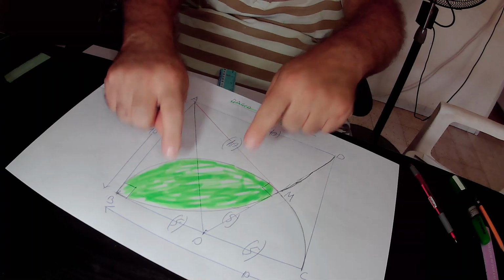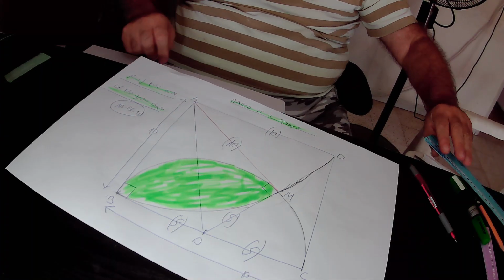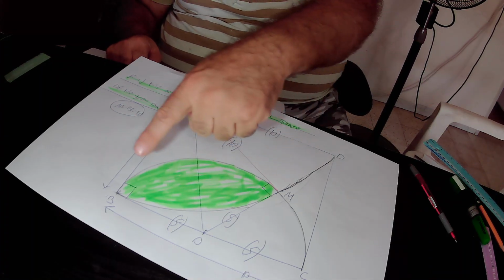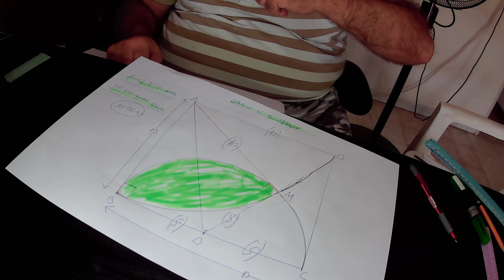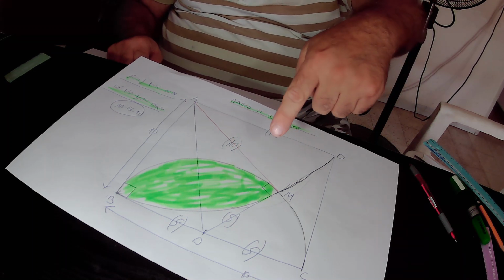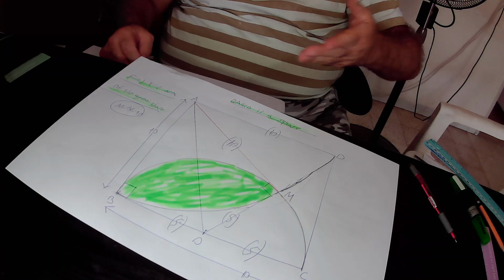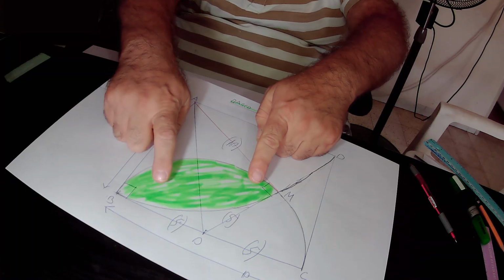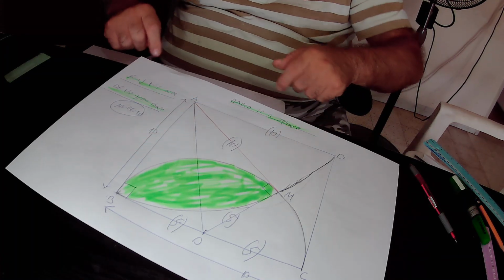So, why are those two right triangles congruent? First of all, side OB of the right triangle AOB equals side OM of the right triangle AOM. They are both the radius of the semicircle, which equals 5, and therefore they are equal to each other.